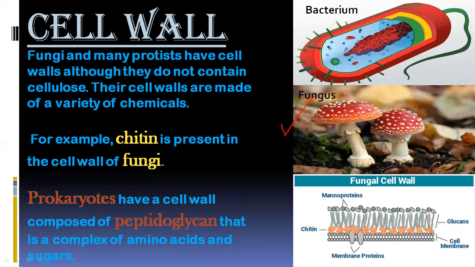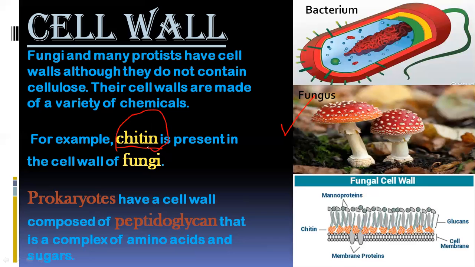Mushroom is also a fungus. Some are edible and some are poisonous. So mushrooms also have a cell wall, but that cell wall is not made up of cellulose, it is made up of chitin. It does not contain cellulose, it contains chitin.